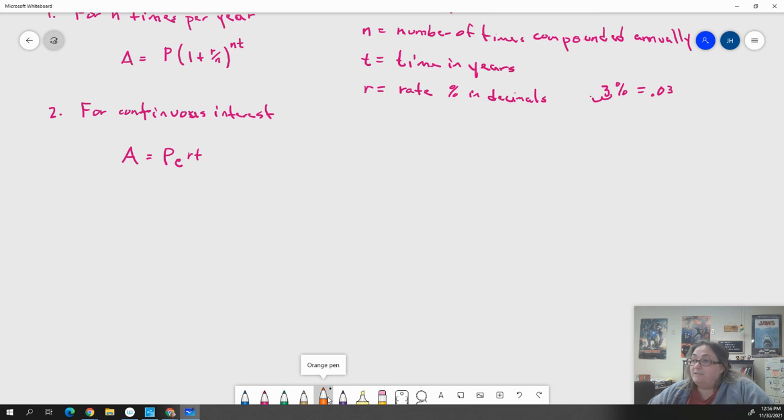So we want to find the interest, right, on a $12,000 principal that we're investing, right? Find the interest on $12,000 investment at an annual rate of 3%.